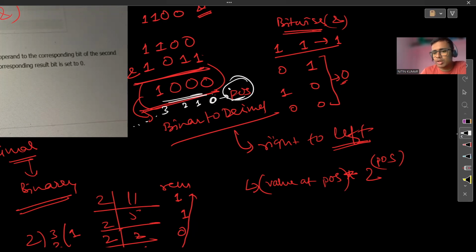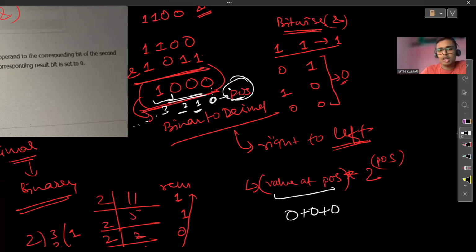When the value is 0, whatever the power of 2 is doesn't matter, because it is 0. So for this position, 0 into 2 to the power 0, which is 1, into 0 will be 0. So from this position we are getting 0. Now we check this position, and from this position also we are getting 0. From this position too we get 0, because the value at the position is itself 0. Whatever the value of 2 to the power position is, it doesn't affect my total, because 0 multiplied by any value ultimately becomes 0.